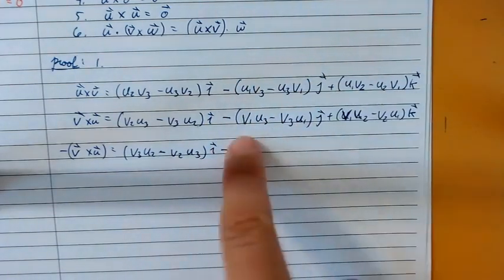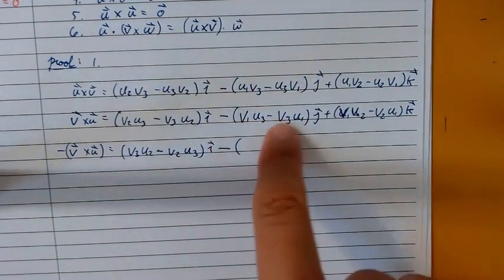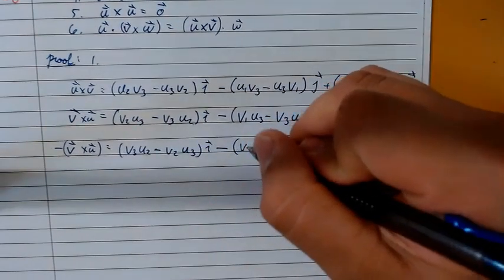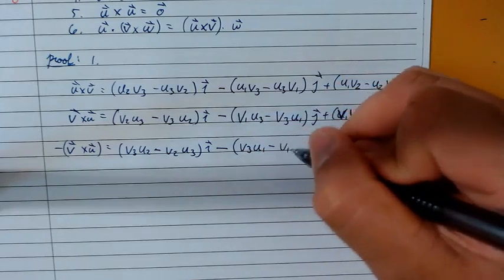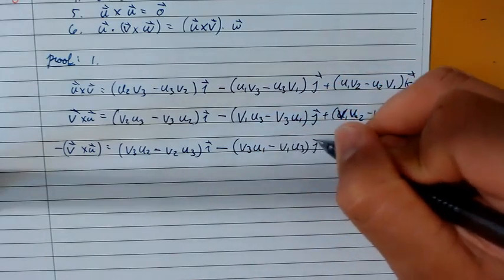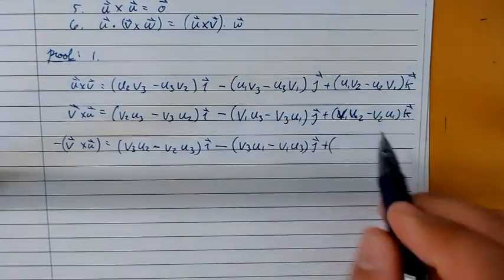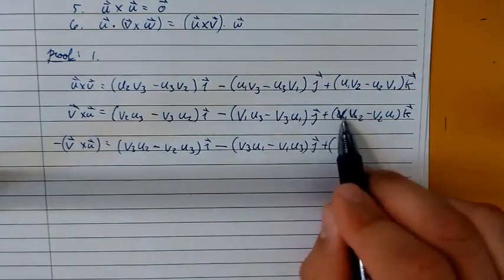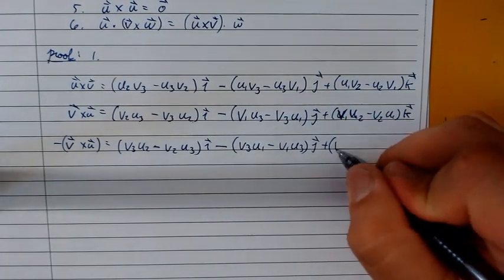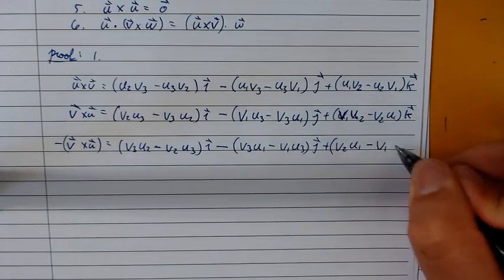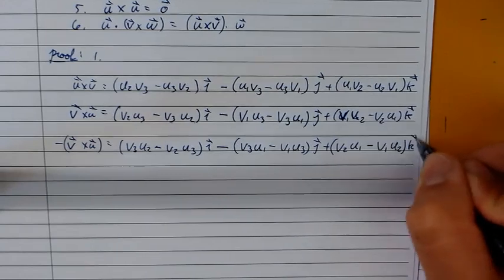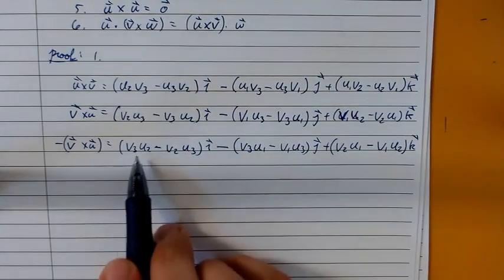Minus, and now we're going to switch these. So that'll be positive V3U1. And now that's a negative, minus V1U3 J. Plus, and again, that'll make this a negative and this a positive. So that'll be positive V2U1 minus V1U2 K. But if you notice, that's exactly what the first one is, right?